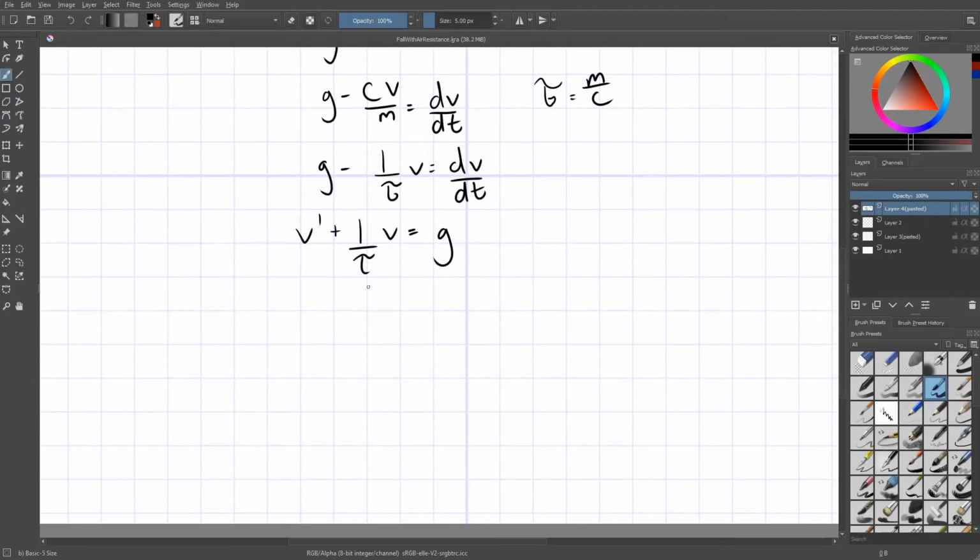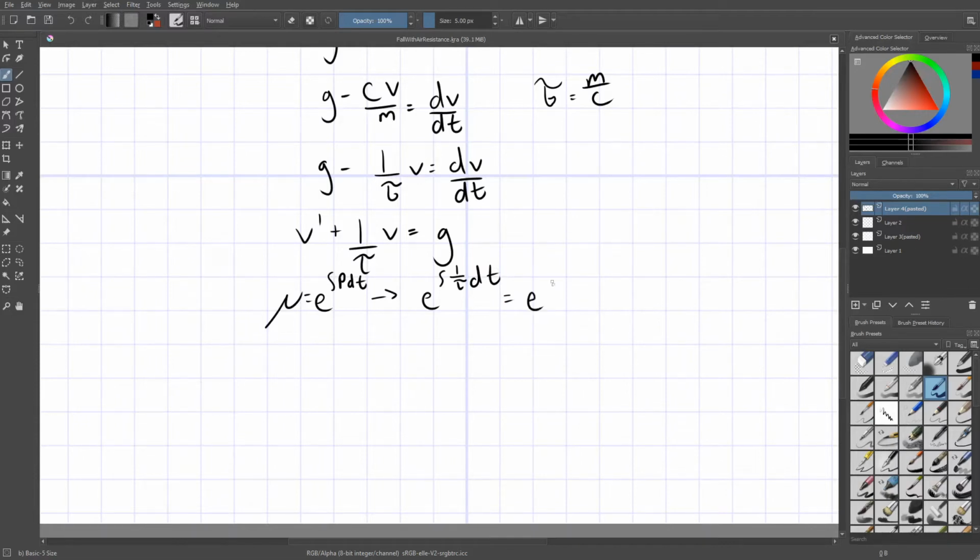In order to solve this, we can use an integrating factor, which is equal to mu equals e to the integral of p dt, where p refers to this term behind the v. So we have e to the integral of 1 over tau dt.